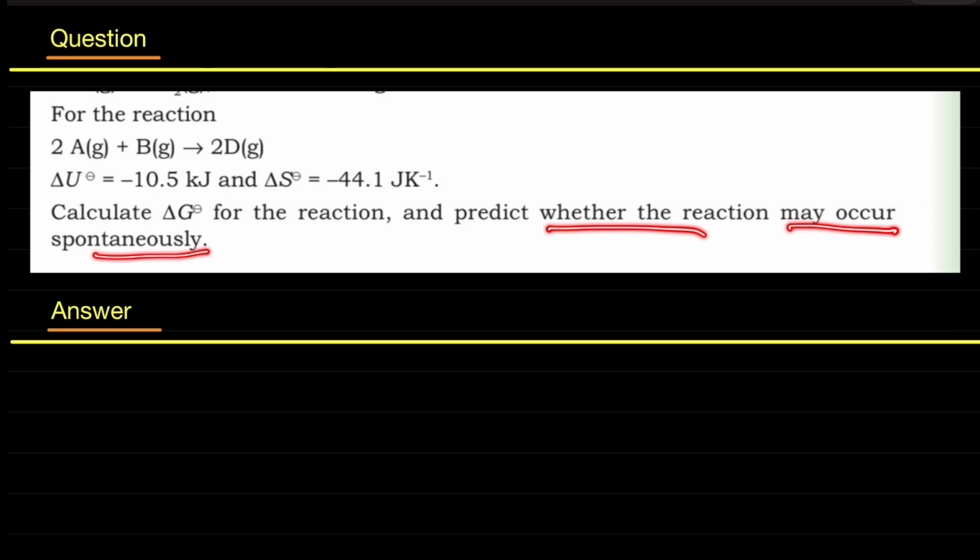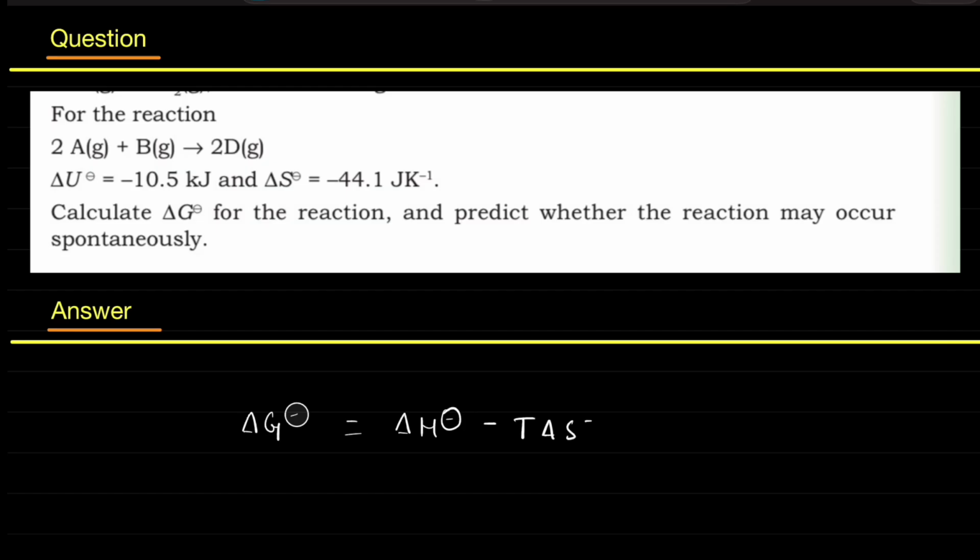So to find the standard Gibbs energy, we can use the formula delta G is equal to delta H minus T delta S. As Gibbs energy is a standard, we take enthalpy and entropy also in the standard form.